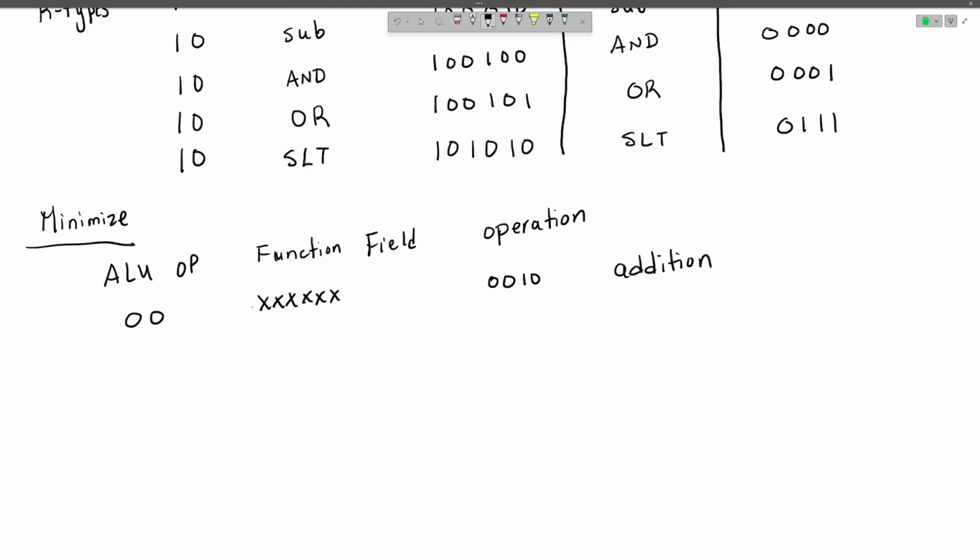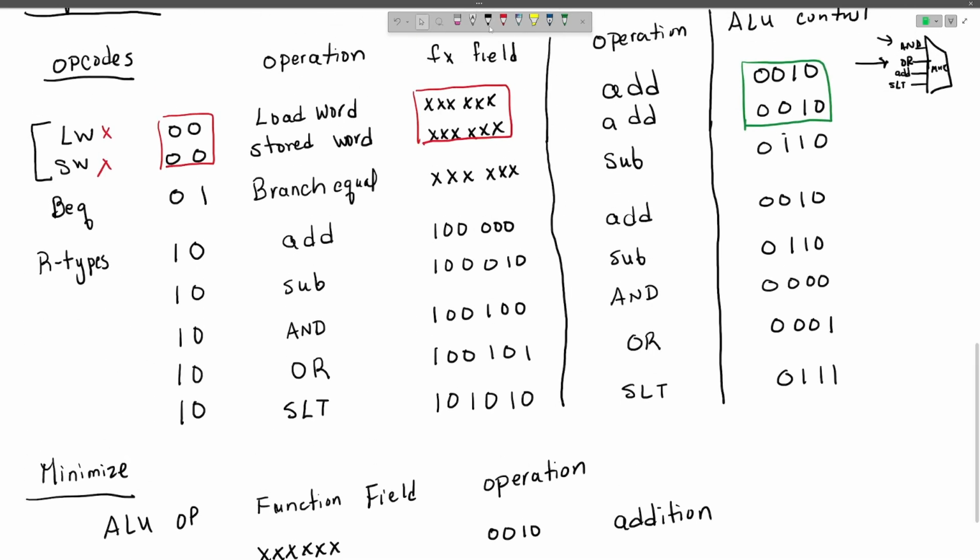And then for the next instruction, we have a 0, we have a 0, we have a 0. However, if we get a 1 here, then obviously that's a branch equal. So what we can do instead is make this one a don't care. We don't care about this one.